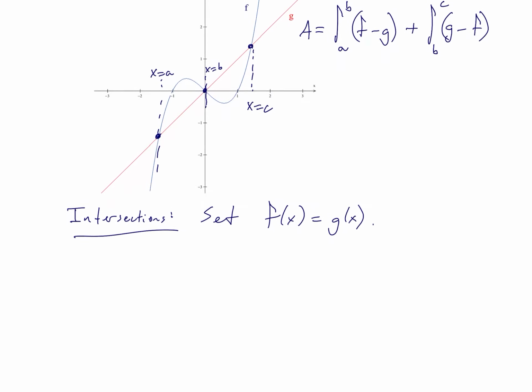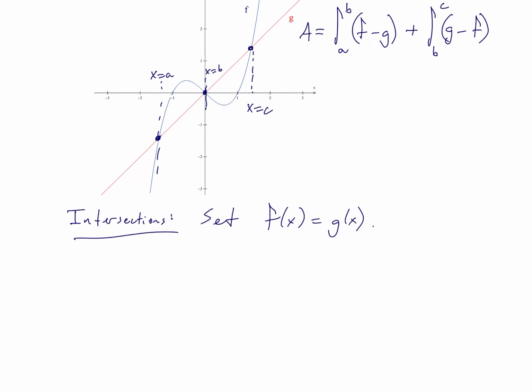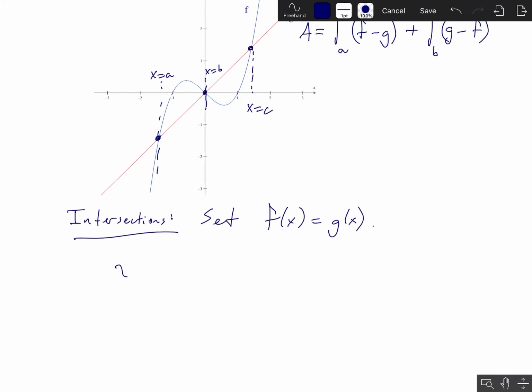And whatever solutions we get for x, those are going to be the three solutions that we'll have, or the three intersections that we'll have in the curve above. So we will set f of x, which is x cubed minus x, equal to g of x, which was just x. And now I want to solve this equation.